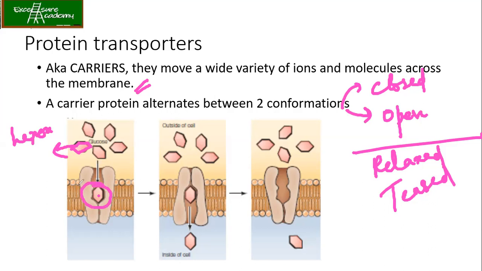Now, as I mentioned before, it's all about the affinity and the specificity of the membrane. There are certain glucose transporters that have less affinity for glucose, so they might bind to mannose and galactose also, but with less affinity. They are specific for hexose sugars, but the affinity for glucose is high as compared to mannose and galactose.